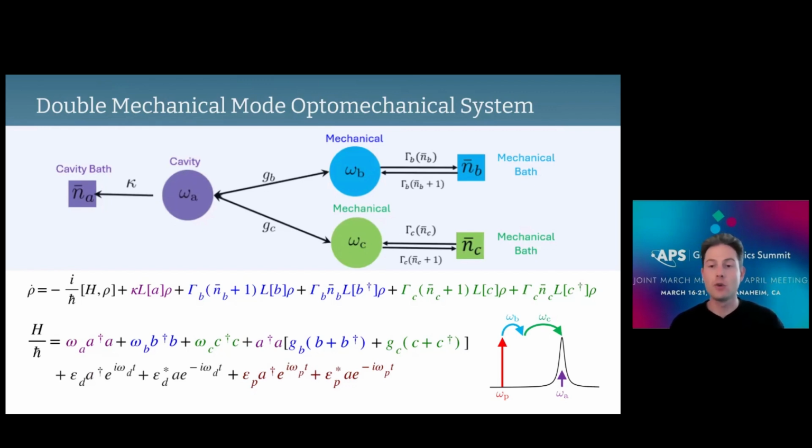And this is the full system of equations for the master equation and Hamiltonian that allows us to realize this pair coherent state optomechanically. So the rate we would use, we would take our pumping frequency, red-detuned now, by exactly our mechanical frequency B plus our mechanical frequency C away from our resonant cavity frequency A.